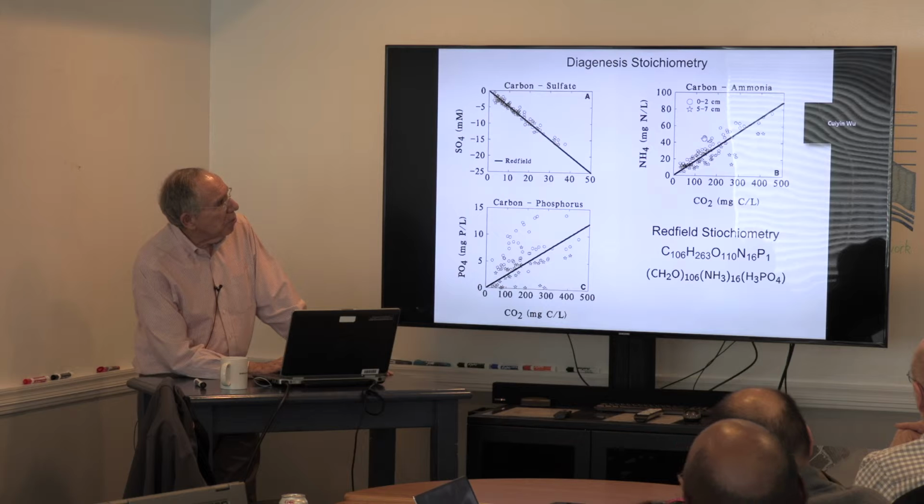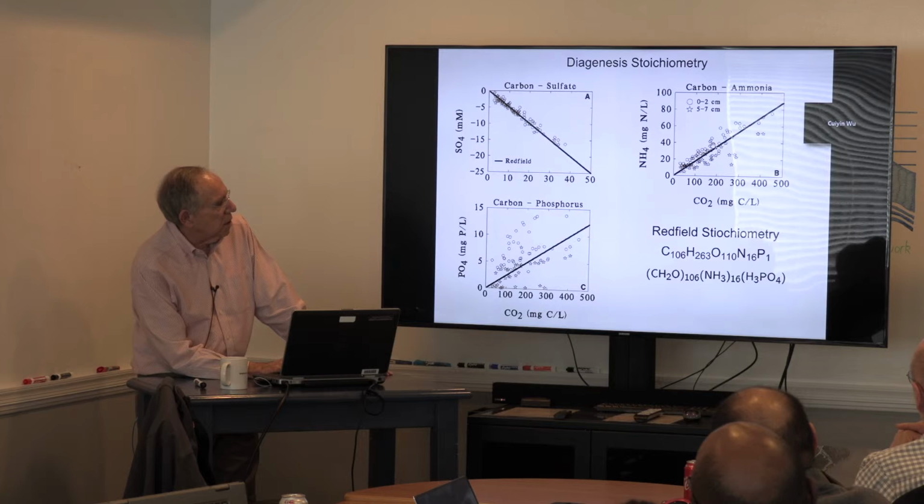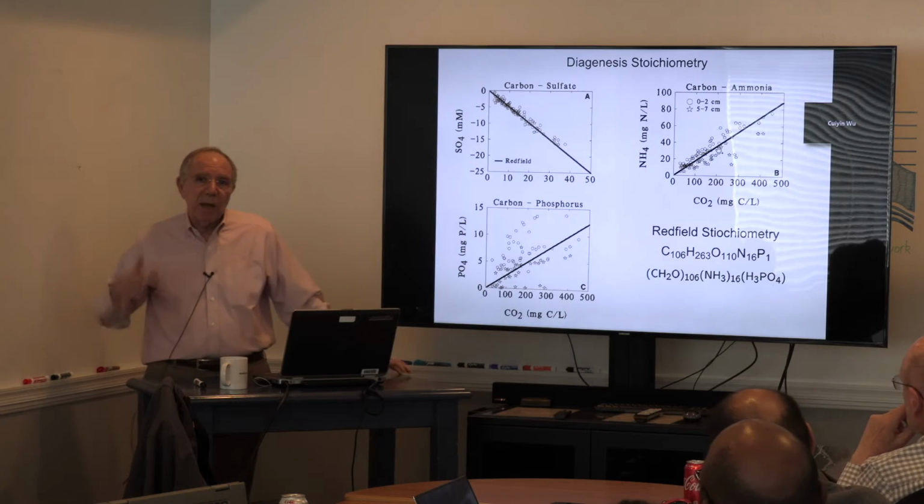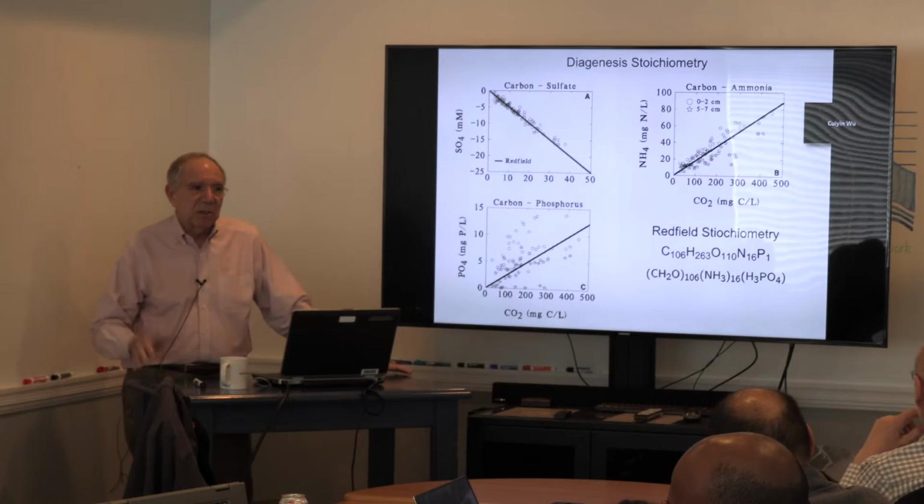The carbon to ammonia ratio is a little different. You see that the shallow segments are slightly higher in nitrogen, ammonia, relative to the CO2 flux, and the deeper ones are slightly less. The nitrogen species in organic matter mineralize slightly faster.